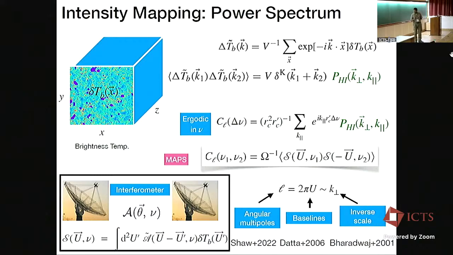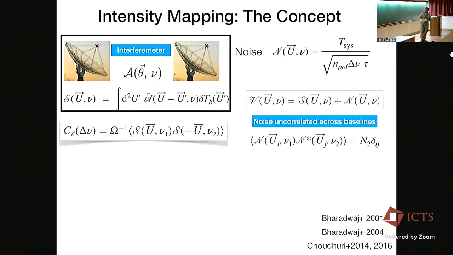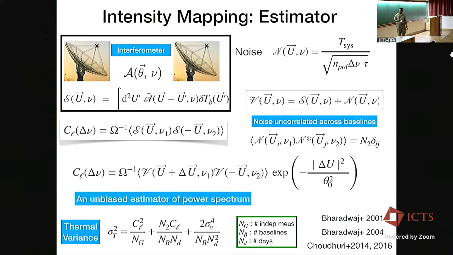So either is equivalent. The first problem that one understood, and has already mitigated, is that you don't get the sky only. The visibility that you measure also has the noise. But the nice fact about the noise is that it is not correlated across different baselines at which the visibilities are measured. So one can use the fact that the signal is correlated across the baselines if the baselines are separated a little bit, but the noise is not.